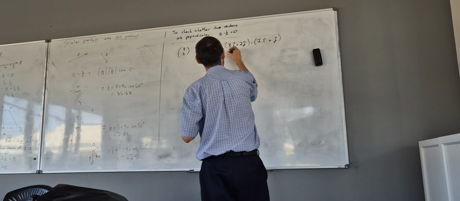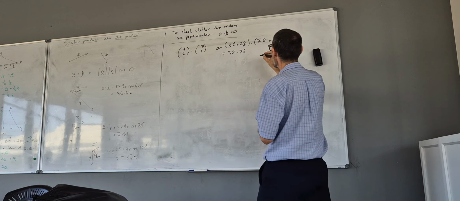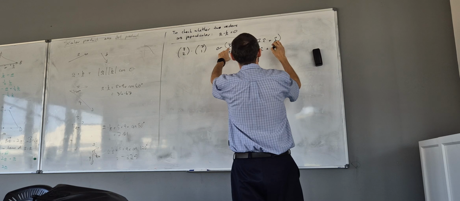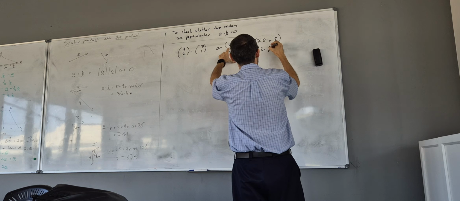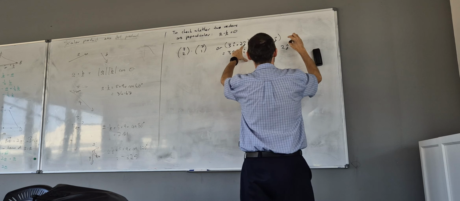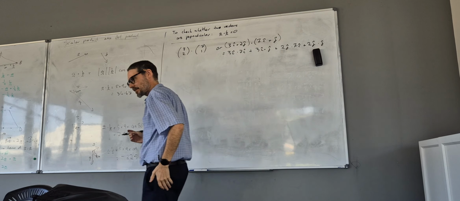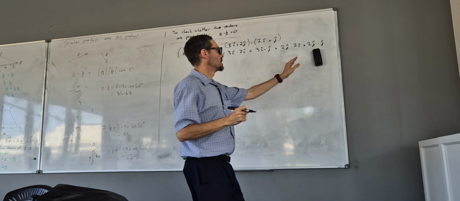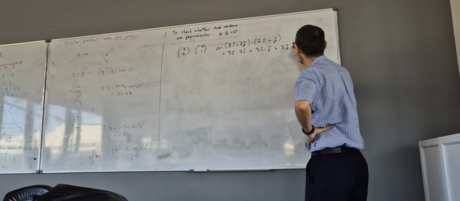I'm going to go 3i hat dot 7i hat plus 3i hat dot j hat plus 2j hat dot 7i hat plus 2j hat dot j hat. Not a very clear dot.